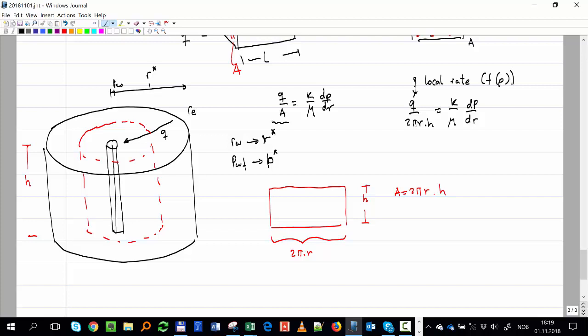Like in gas, if I reduce the pressure, then I will have a higher rate. So I can say that Q of the oil, in the same way that we have done for gas, will be BO, which depends on pressure and temperature, times Q oil at standard conditions. That's the equation that we use for the gas, right? That's Q at standard conditions.